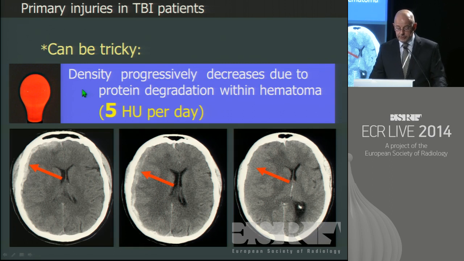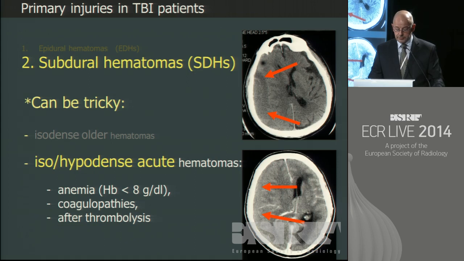Because remember that the hematoma density progressively decreases due to the protein degradation within the hematoma, roughly 5 Hounsfield units per day. So if you do not operate the hematoma, it is very probable that after 9 or 10 days, it will be isodense to the cortical layer of the brain, so it can be very difficult to detect.